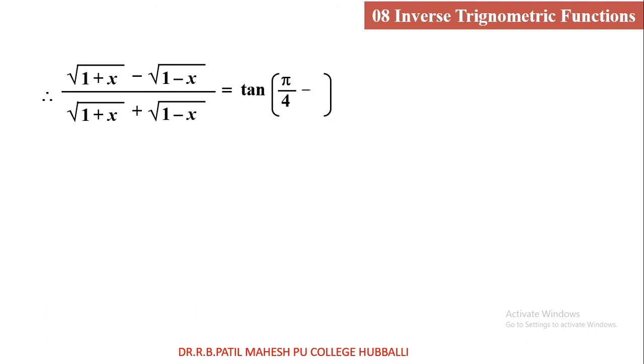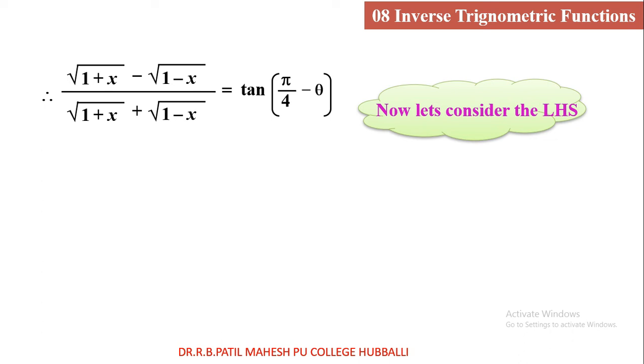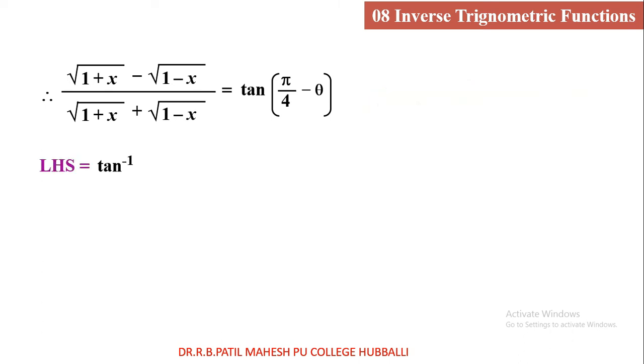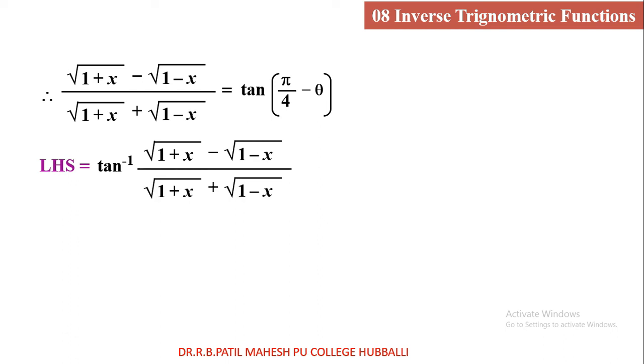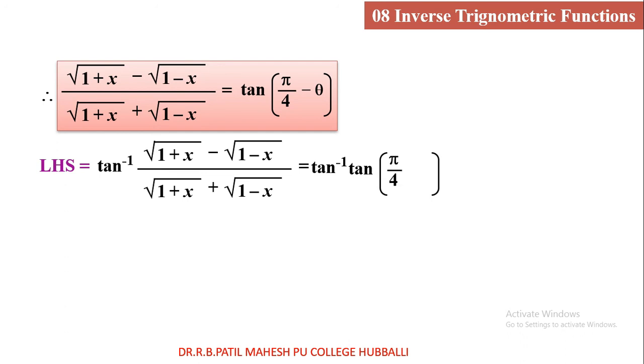So now let's consider the LHS, that is tan inverse of root of 1 plus x minus root of 1 minus x upon root of 1 plus x plus root of 1 minus x is equal to tan inverse of this, you are going to write, that is tan of pi by 4 minus theta. So you know that tan inverse and tan get removed, finally pi by 4 minus theta.